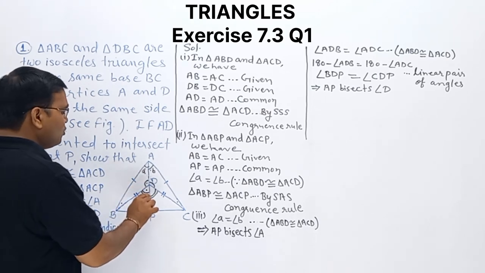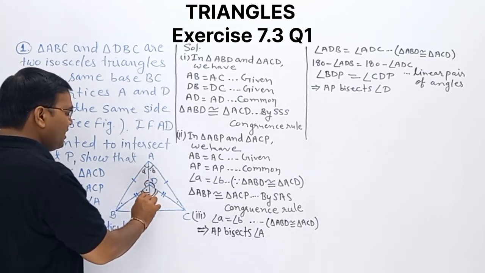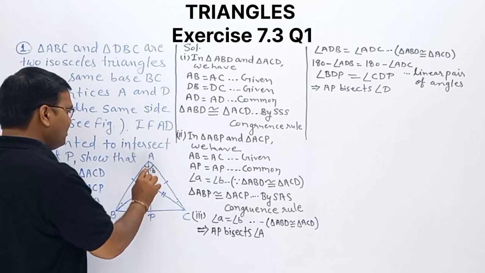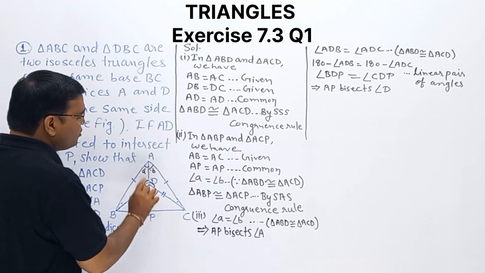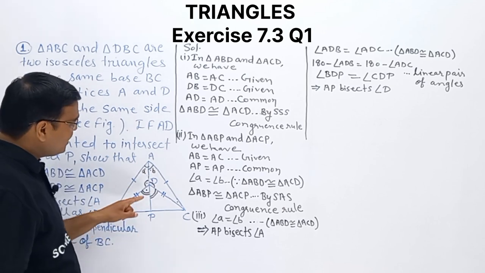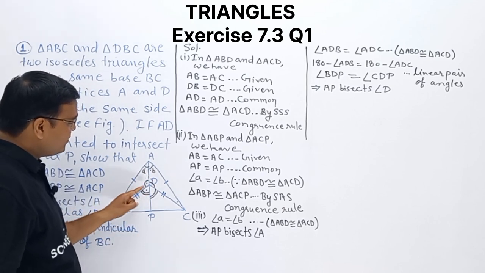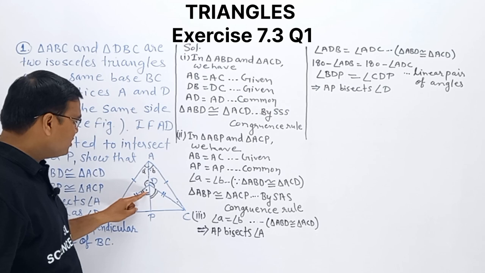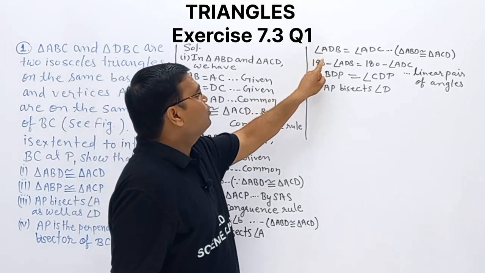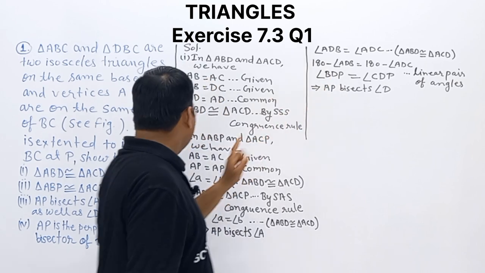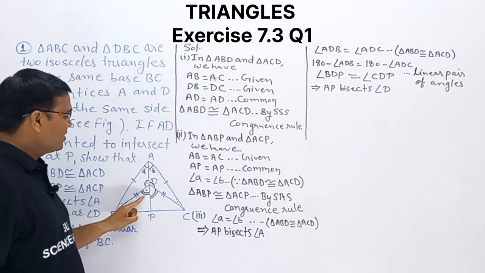We are taking the sum of both angles: this plus this will be 180. So this angle will be 180 minus this one. I am writing 180 minus this one equal to this one. We want to prove this one.